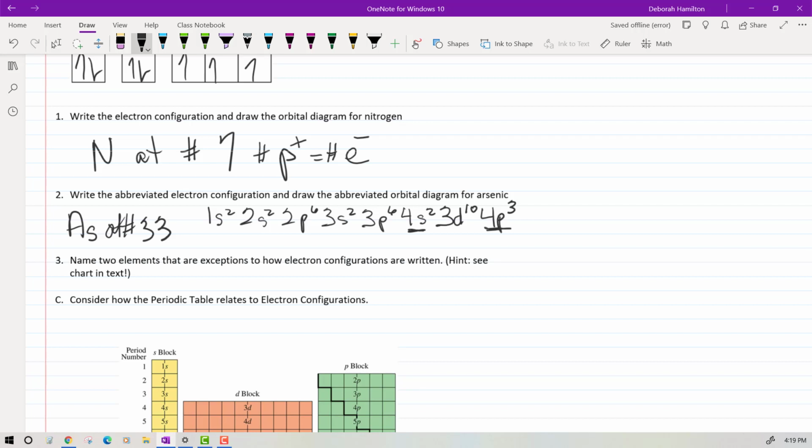All right, and then if we're going to use the abbreviation, we're going to take all of this till we get up to a noble gas configuration, which is all the way up to the third row. And this all represents argon. So I put brackets around argon and then I continue.